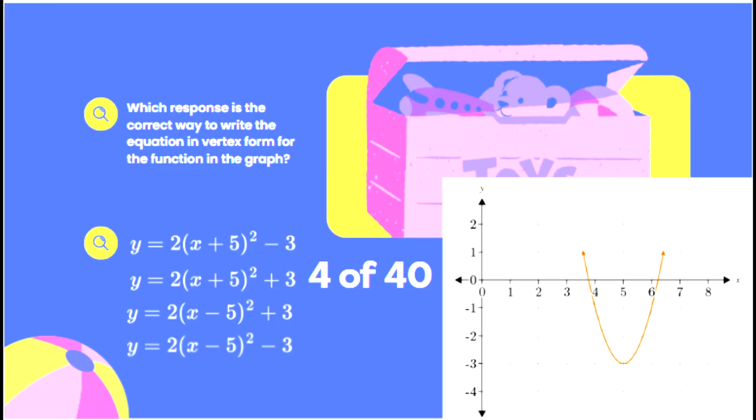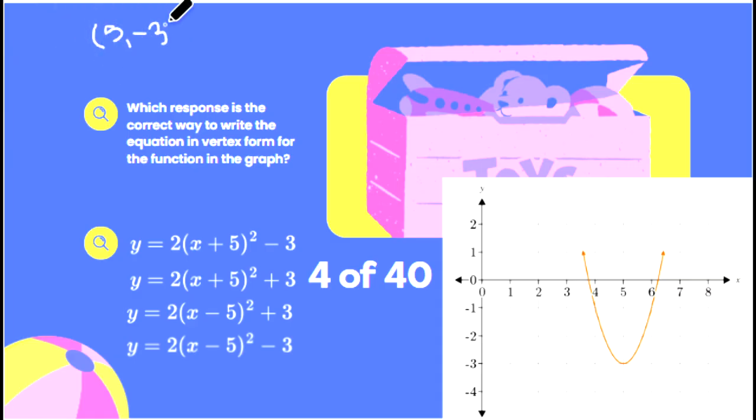This is for which response is the correct way to write the equation in vertex form for the function of the graph. We need to figure out what the vertex is first. The vertex is here at x equals 5 and y equals negative 3. So we know our vertex is 5 and negative 3.